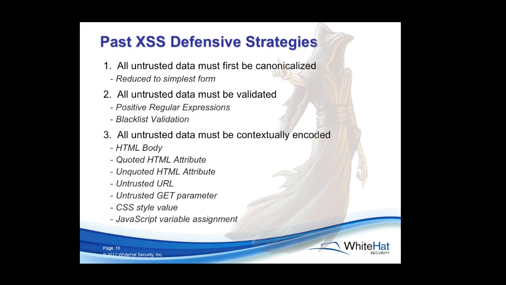It's a great thing. We want to do positive regular expressions, whitelist regular expressions. We want to define what good input is and reject everything else. And then when we display this data in a user interface, when we, as a programmer, take untrusted data and put it into some kind of user interface template that drives an HTML document, we want to encode differently based on the context of display.